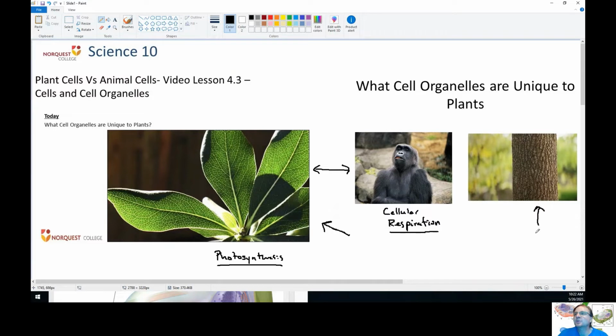Wood or cellulose, this is the cell wall. Animals do not have cell walls. We're not woody. Huge difference between plant and animal cells. Okay, let's do a quick little overview of each. We've done that already a bit here, but let's go to this slide right here.